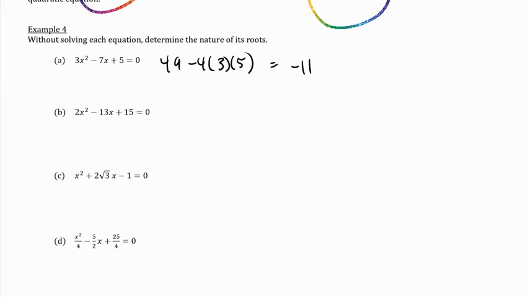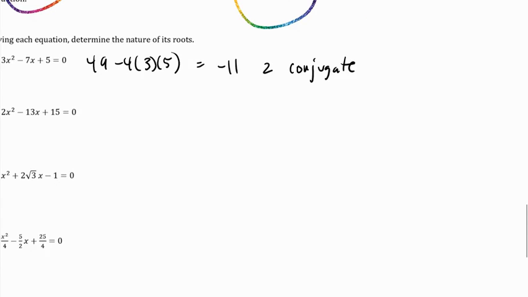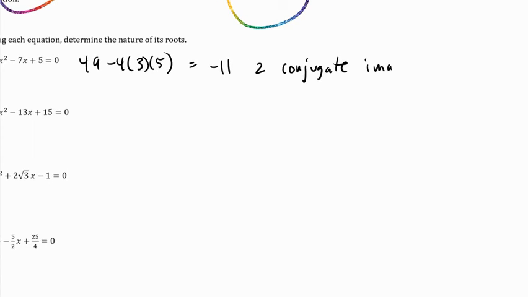So I have a negative underneath the radical, essentially. So I'm going to have two conjugate imaginary roots. And that's because if I would actually use the quadratic formula, I'd end up with a negative underneath the square root, and that would give me imaginary roots, not real roots.